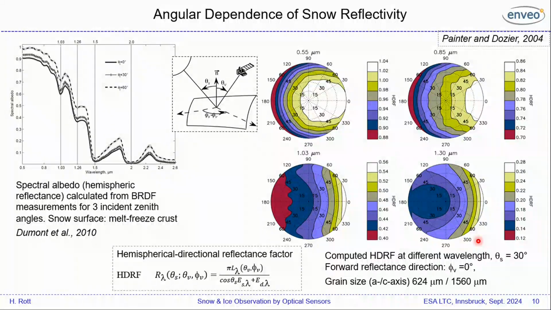Now, for deriving the albedo, one problem is the angular dependence of snow reflectivity. This shows results from measurements which I think were made on Col du Lautaret near Grenoble, and the snow surface is melt-freeze crust, at different incidence angles.